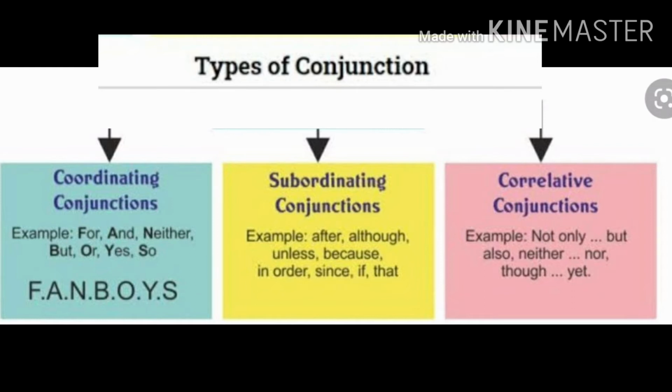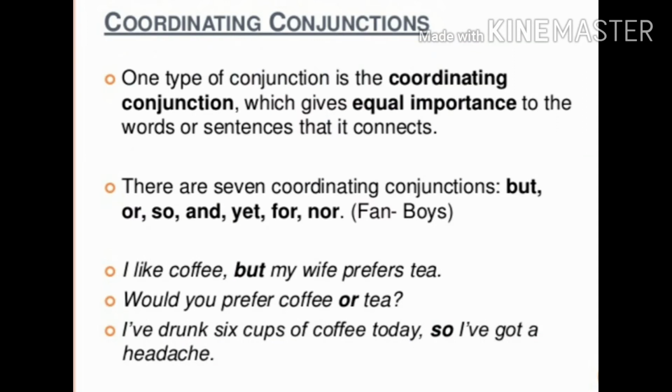We can learn these conjunctions with the acronym FANBOYS. F stands for for, A stands for and, N for nor, B for but, O for or, Y for yet, and S for so. One type of conjunction is the coordinating conjunction, which gives equal importance to the words or sentences that it connects.